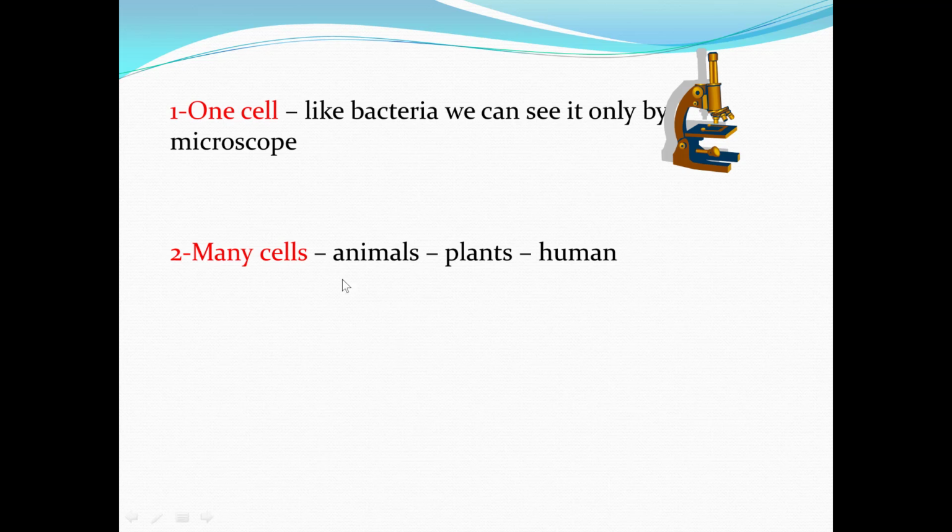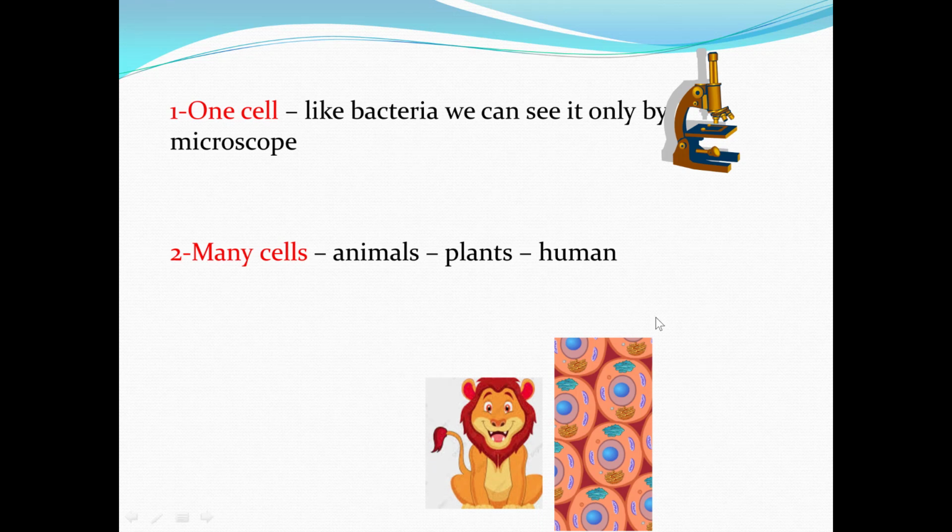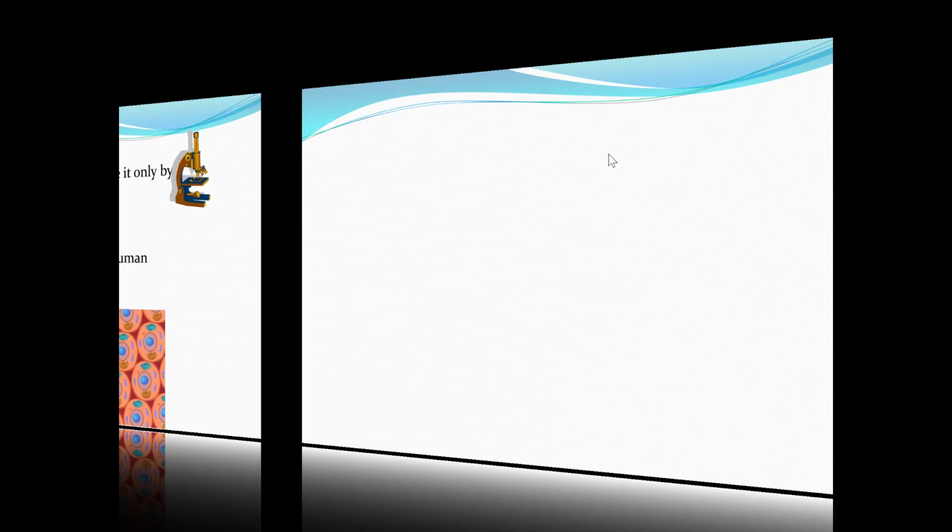But many cells, like animals, plants, and humans, are made of many cells together. Billions of cells make a human, plant, and animal. But bacteria is just one cell, which you can only see by microscope.